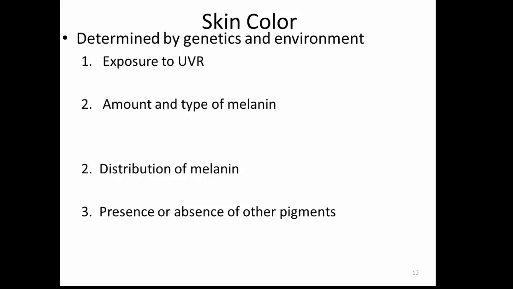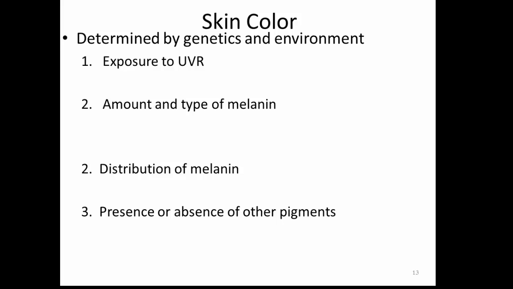It's really the amount and types of melanin being produced by the melanocytes that are different. So some individuals produce a lot of that eumelanin, which would make darker skin. Some individuals don't make any eumelanin, they only make the pheomelanin, which would produce very light-colored skin with red and orange kind of pigments.